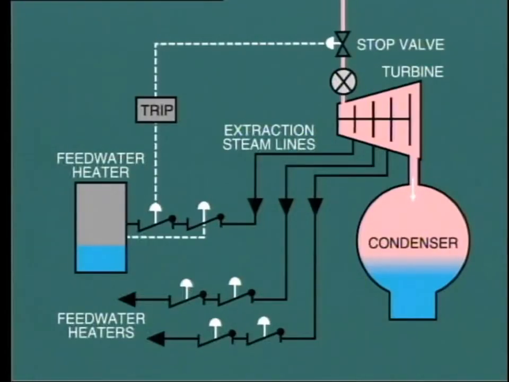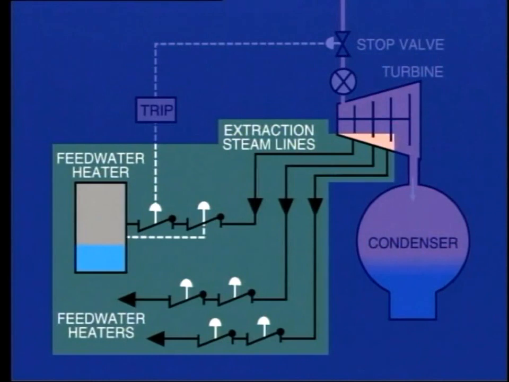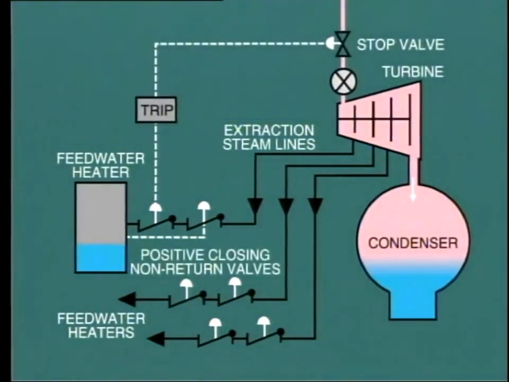Another possible source of ingress of water during on-load conditions could occur as the result of feed water heater leakage into the steam side shell and consequent entrance of water into the extraction steam lines. To prevent this occurrence, positive closing non-return valves are fitted into the extraction lines.